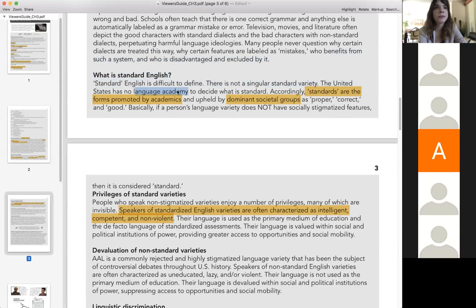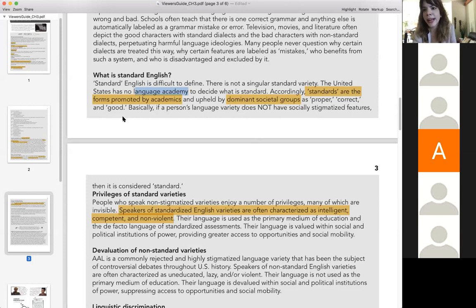Well, academics, linguists, language teachers, people in English language education, and whatever they say goes, and it's upheld and represented in books, upheld by dominant groups who get access to university level education and also good public school and private school education. So they uphold it, and because these people speak it, everybody else thinks that it's proper, correct, good.